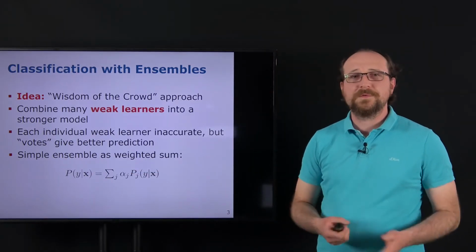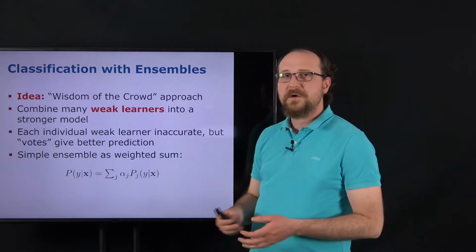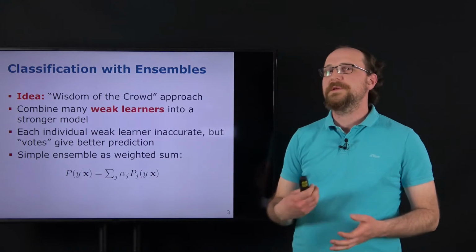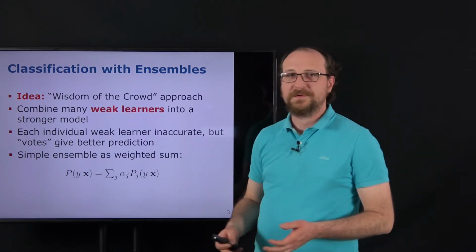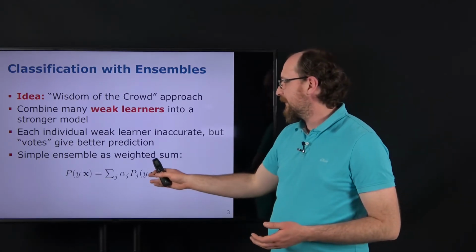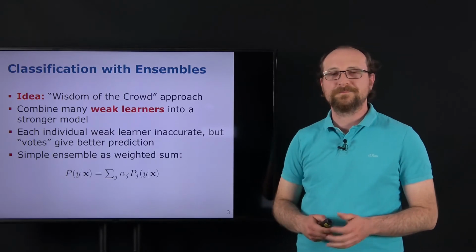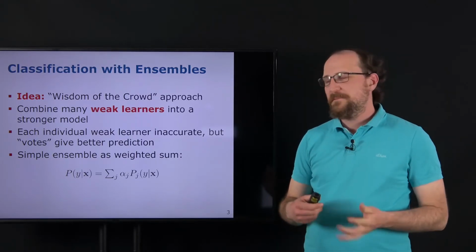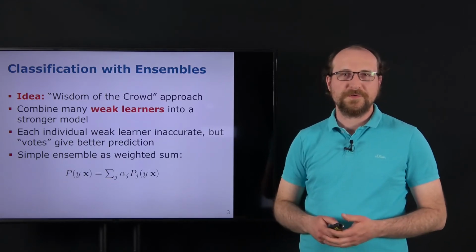In this lecture, we will talk about different methods of how to get this weighted sum, just using the alpha_j, the weighted mean of the classification models, but doing it in a little bit smarter way. But first, we start with a very simple approach to learn such an ensemble.